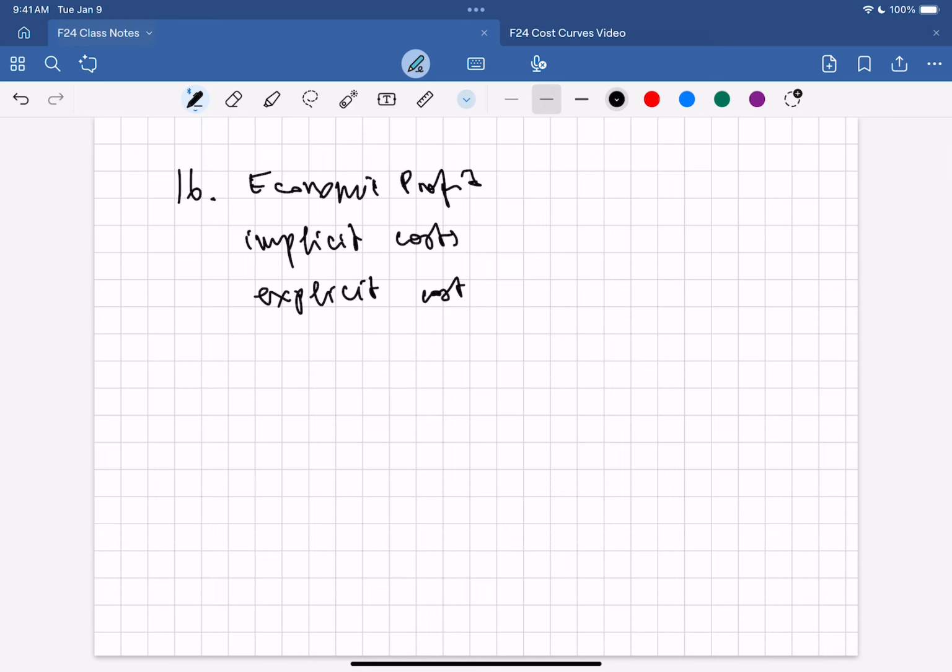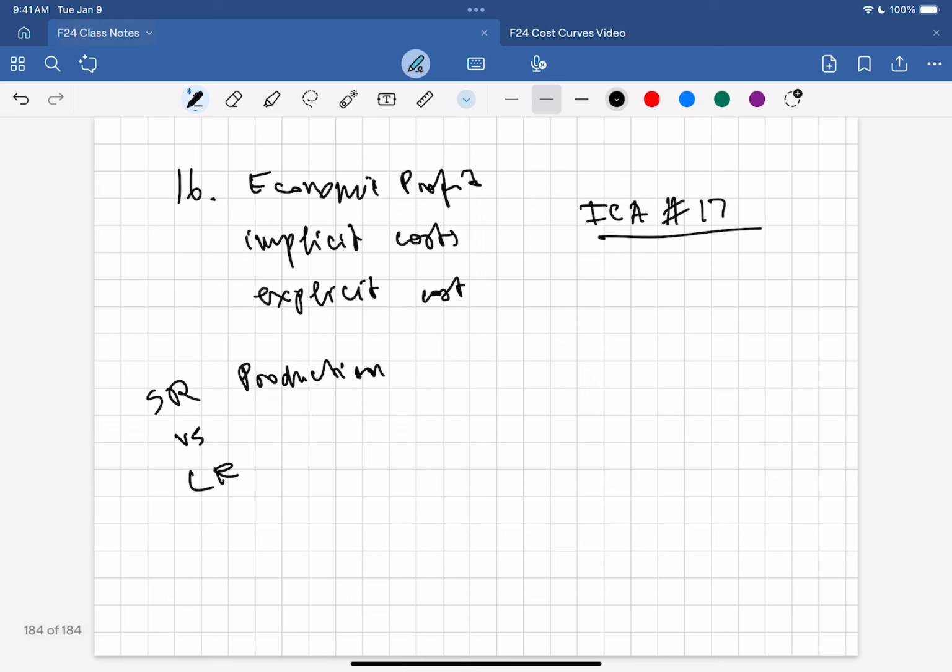Again, look at your notes, look at the video, maybe look in the book, and most importantly, make sure you look at in-class assignment number 17. It's all there. And then in this class we also talked about production, short-run production. So you have to remember what short run means versus long run.